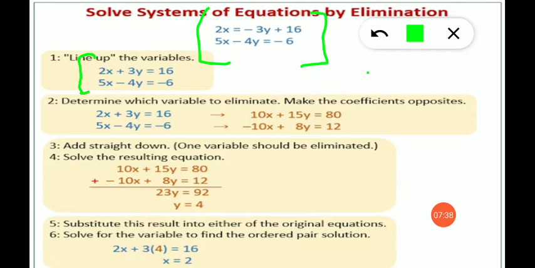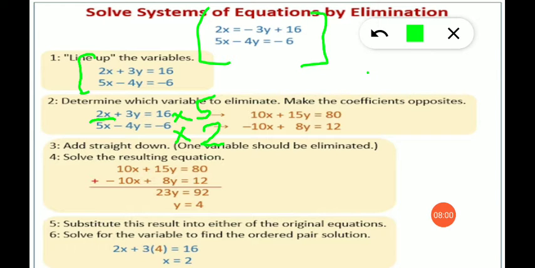So how will we make 2 as 10? Because here the variable coefficient is 2, we have to make it 10. So we will multiply this whole equation by 5, and similarly in the second step we will multiply the whole equation by 2.